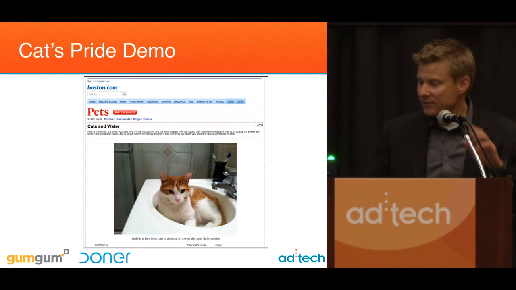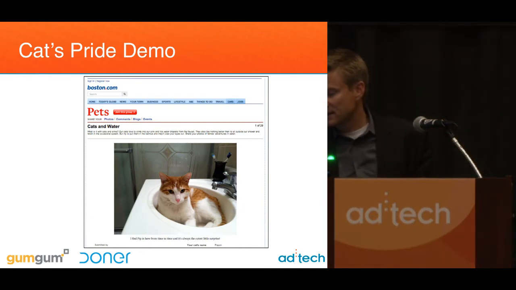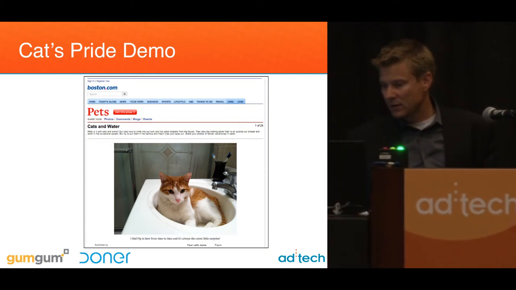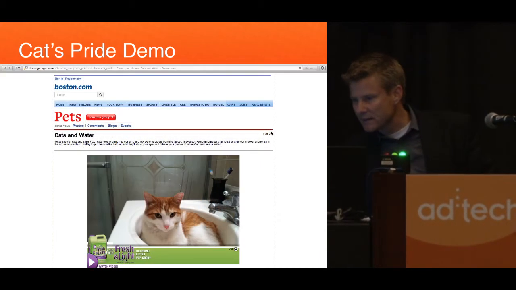And so we're going to do a live demo here. There we go. So as this page loads, you can see the rich media ad unit. That's our runway unit. I'll refresh that so you can see it again.